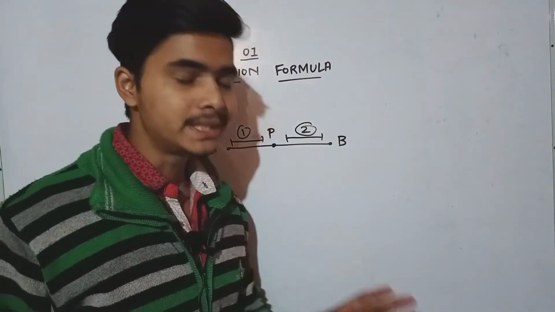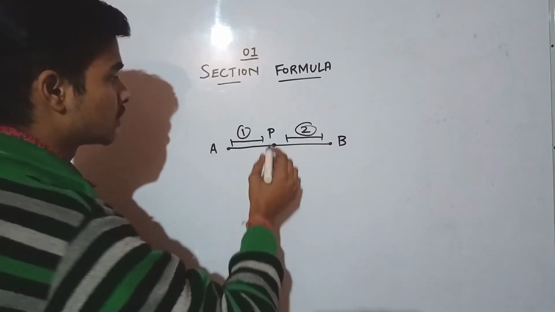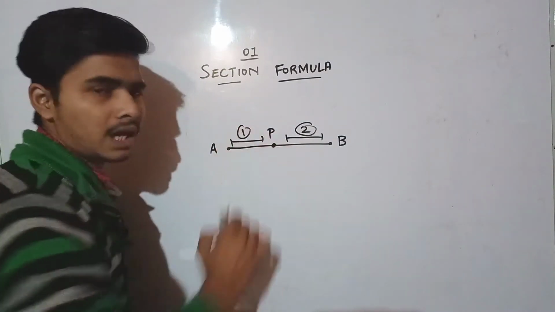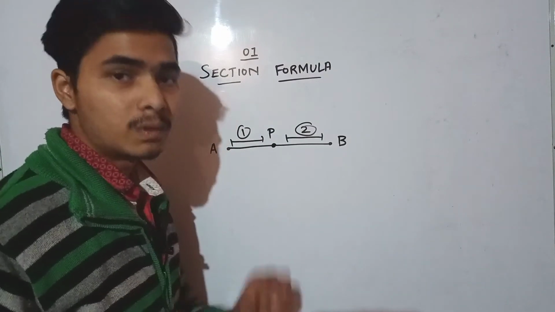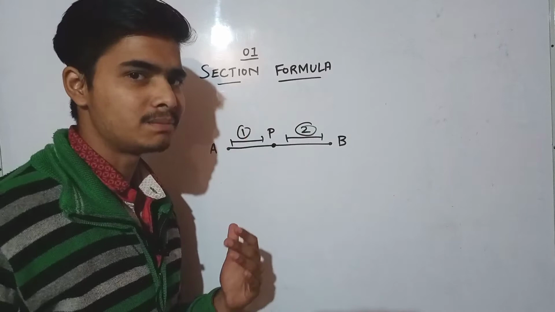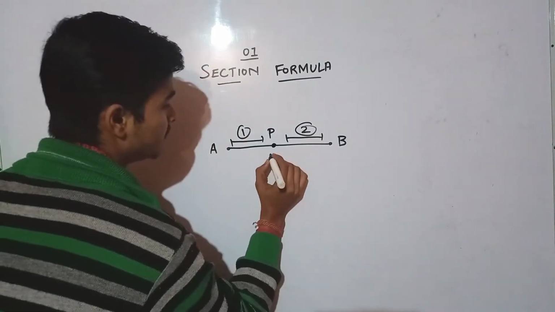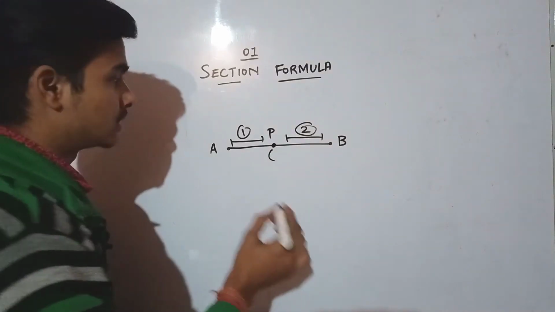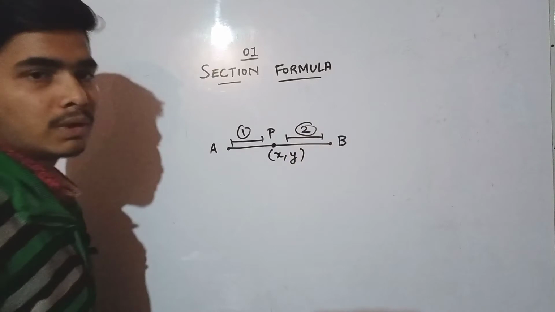Now what mainly we have to do in this chapter, we have to find the coordinate of this point. I hope that you know what is coordinate. Coordinate is nothing but the address. What is the address of this point? So we give the address, or better the coordinate of this point in terms like x and y.